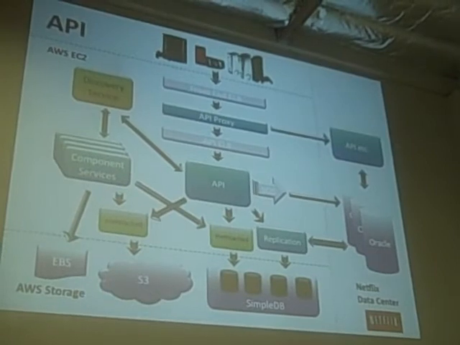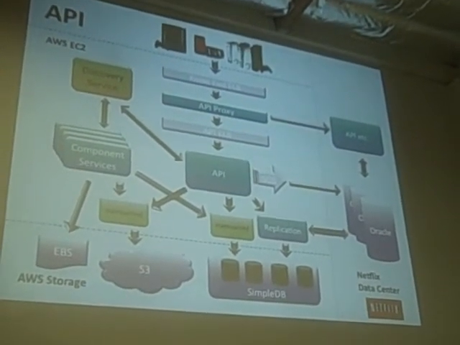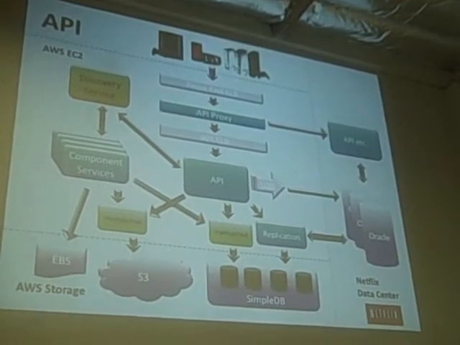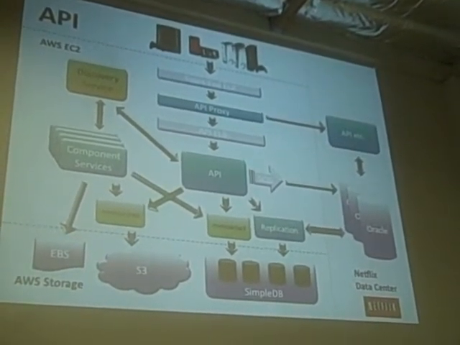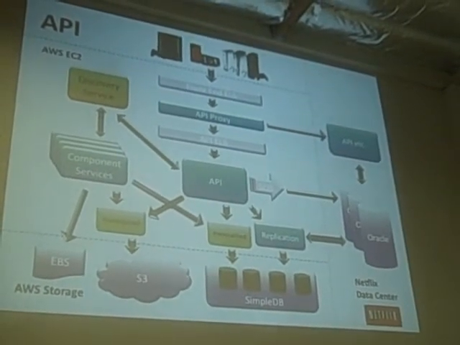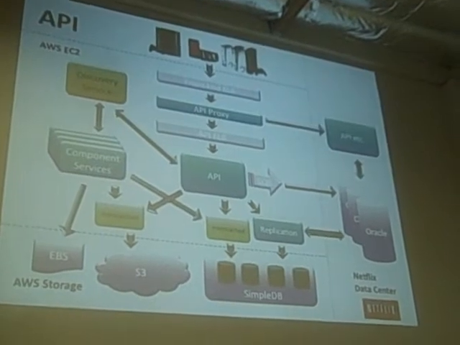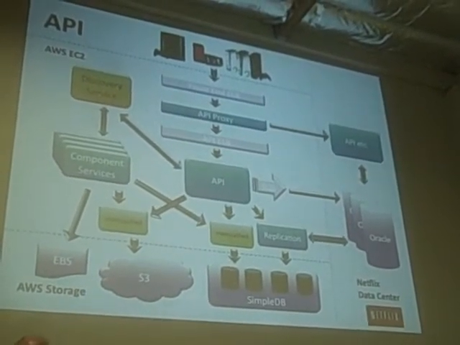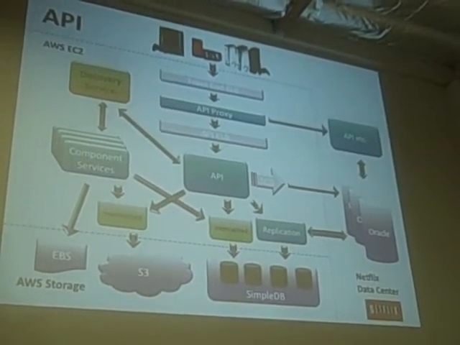So we have a discovery service where the services say, hey, I'm an XYZ, or I'm an API server, and so we collect all the API servers that are announcing themselves to us, and then when you want to talk to an API server, you can ask the discovery service for a list of the API servers and round robin across them. So we built ourselves a middle tier software load balancer using the discovery service as the rendezvous point.